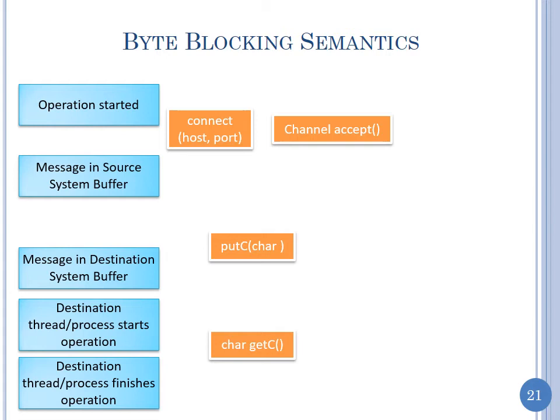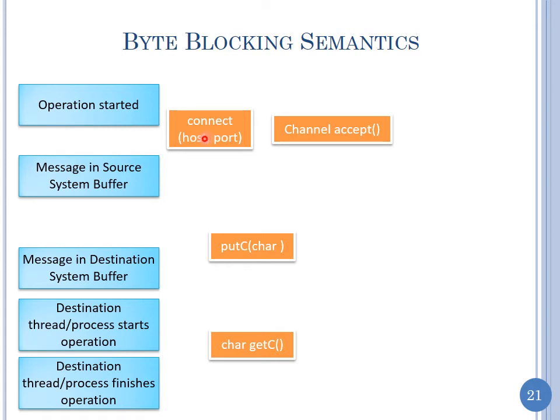We saw last time the various operations there are, and we saw the various blocking times. We saw there was this accept operation that was performed on a factory channel, and there was this connect operation that was performed on a regular channel.